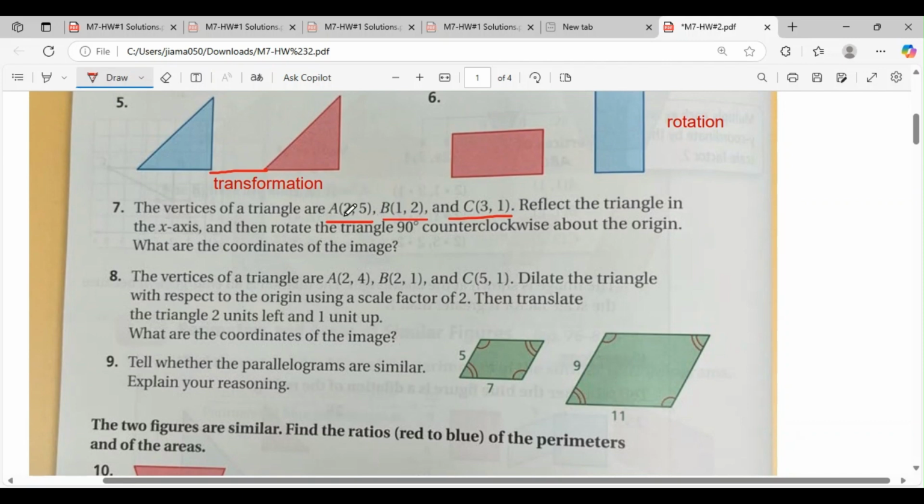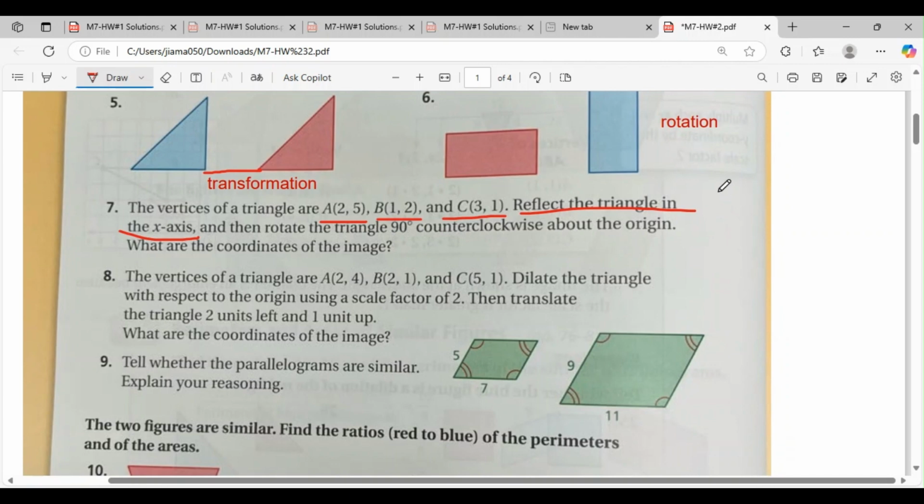We know the values of A, B, C, so let's do the first step. Reflect the triangle in the x-axis. To reflect the triangle, the rule is we need to change the sign of y, which are 5, 2, and 1, but we don't change the value of x.